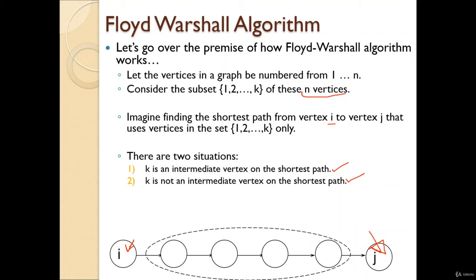For example, this K vertex is the intermediate vertex because first you will go from I to K and then from K to J. Likewise, you will reach J from I. So here K is working as an intermediate vertex, like an agent to find the shortest path, right?